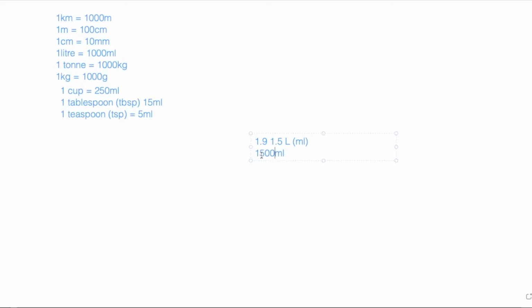And then when it comes to conversion factors and tables, when it comes to cooking, we use cups, tablespoons, and teaspoons. Let's do a few questions using the conversions for cooking. Okay, let's say we're converting 3 cups to milliliters.